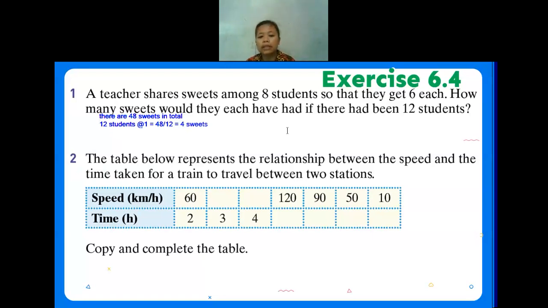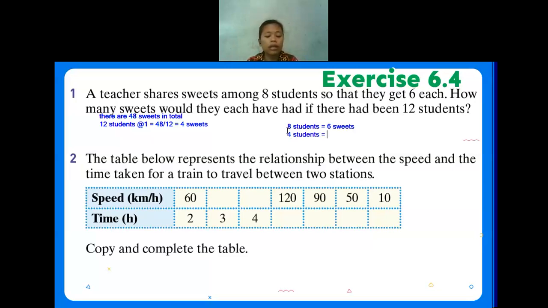If we are using the second method, 8 students is equal to 6 sweets. Because for 8 and 12 the HCF is 4, I will just find for 4 students. If there are fewer students, the sweets will be getting more.